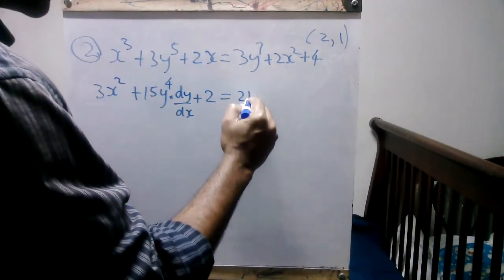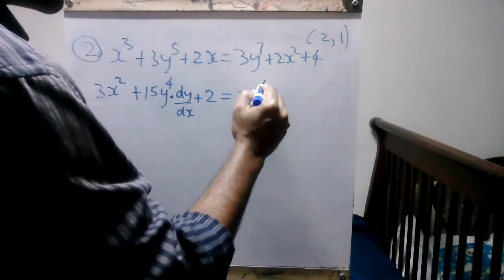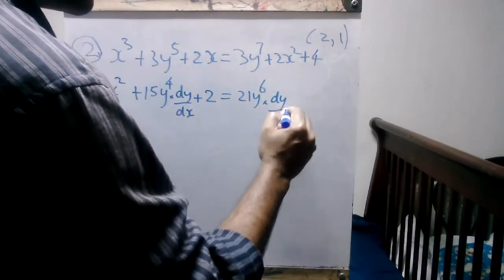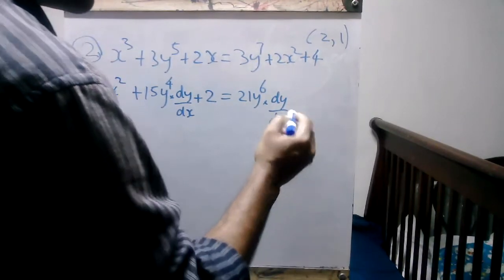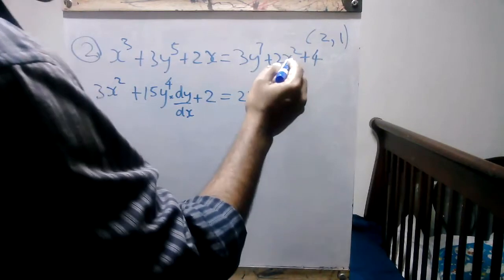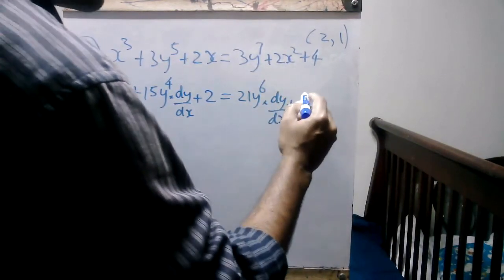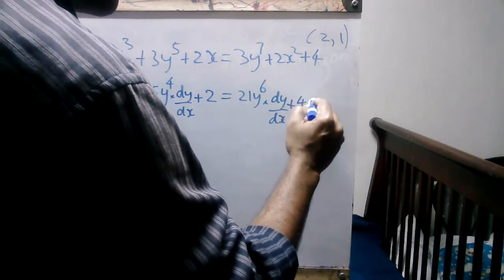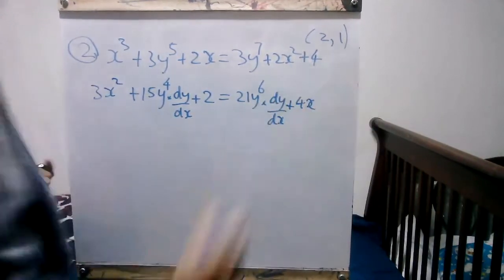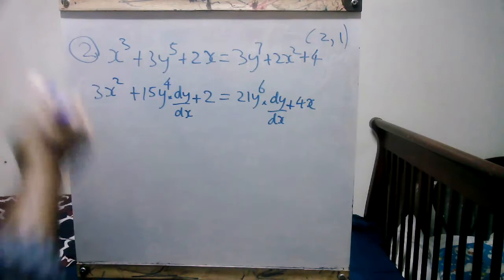So 21y^6 times dy/dx plus the derivative of 2x square is 4x. The derivative of this is 0. Right? You don't have to write it.